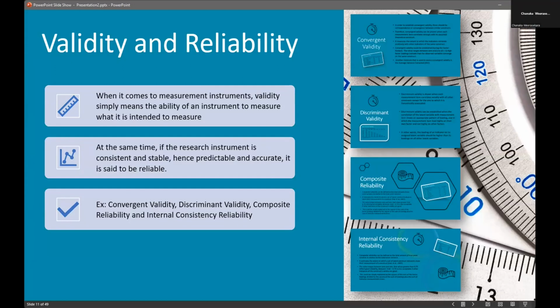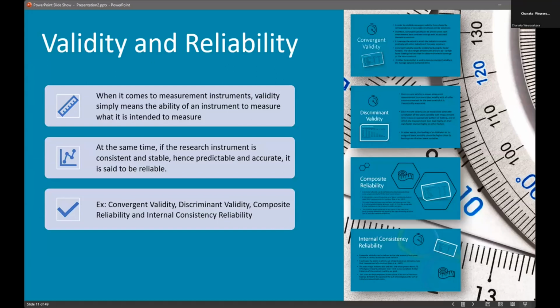Right. So as it is mentioned in this particular slide, when it comes to the measurement instruments, validity simply means the ability of the instrument to measure what it is intended to measure. So if you are preparing a questionnaire to measure the customer satisfaction, it should measure the customer satisfaction.